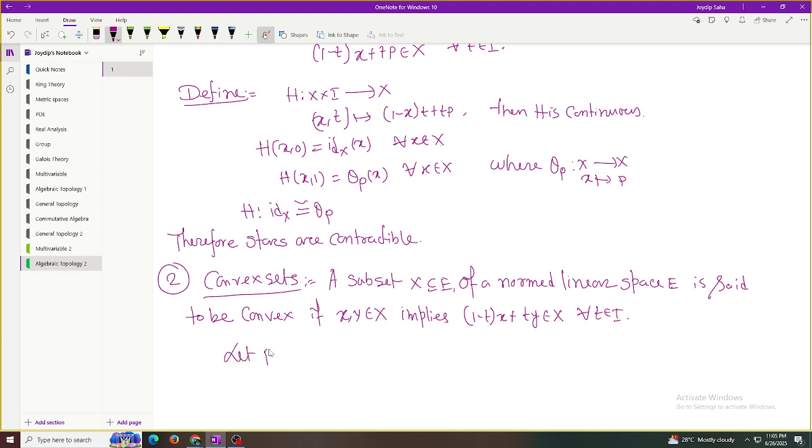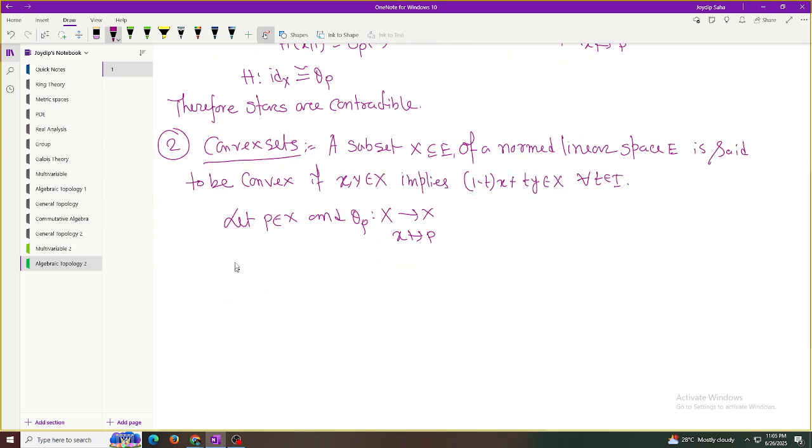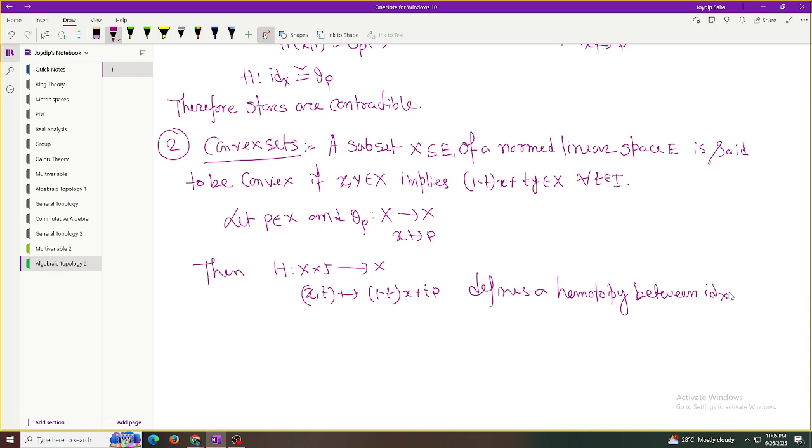Let p belongs to X and theta_p: X to X, x goes to p, then h: X cross I to X, (x,t) goes to (1 minus t)x plus tp, defines the homotopy between identity and theta_p.